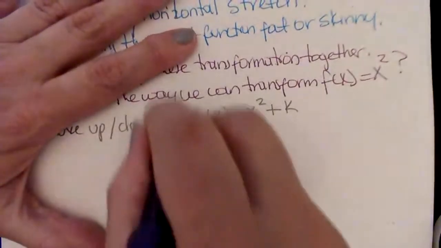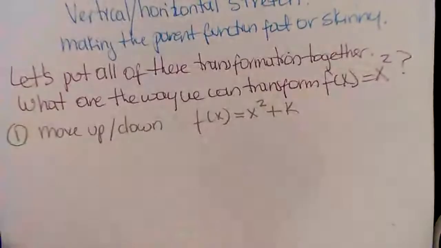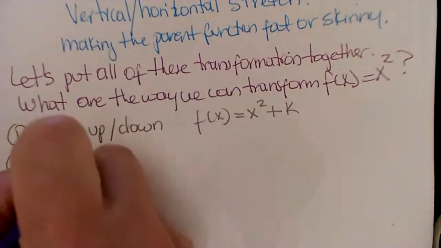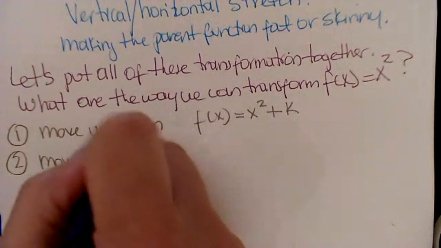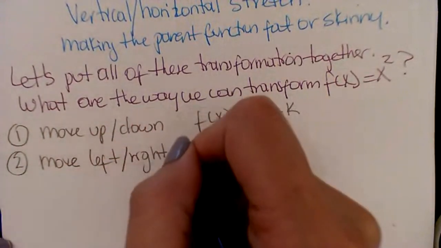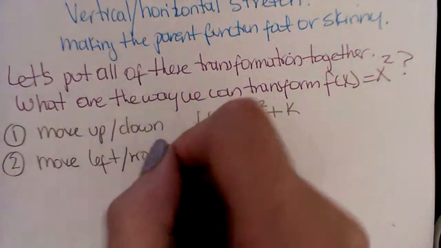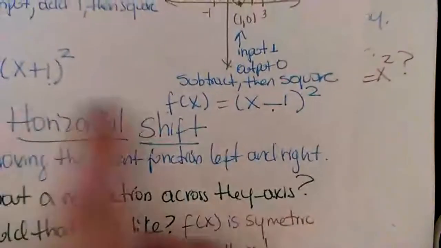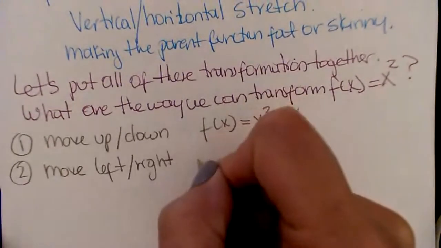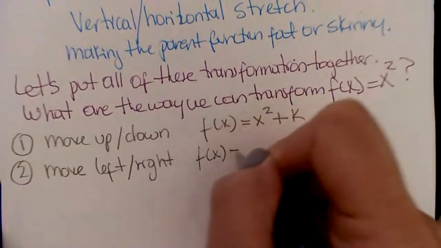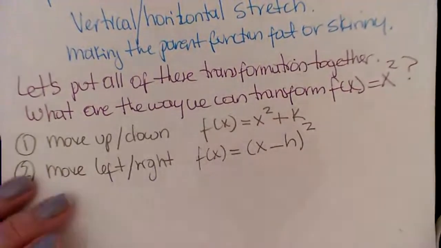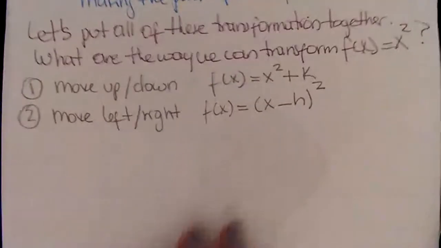Now, number 2, move left and right. So when we moved left and right, which is the horizontal shift, remember one is positive but the other is negative, we have f of x equal to what? x minus h squared.